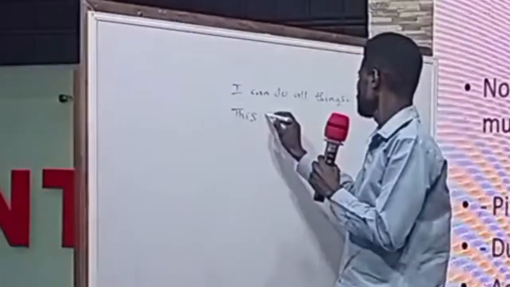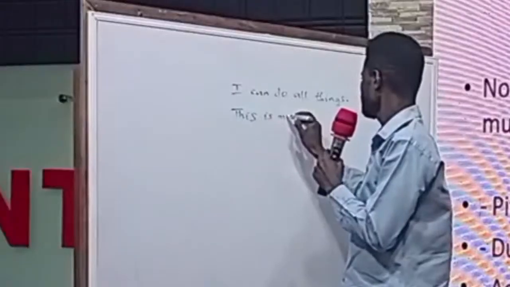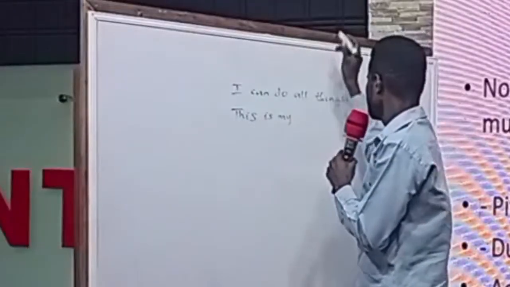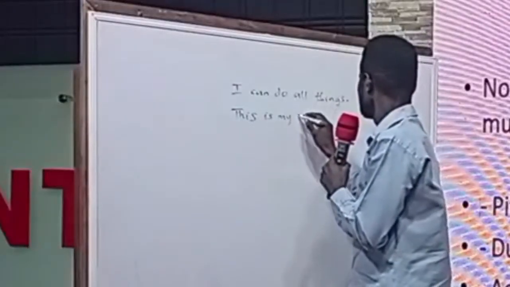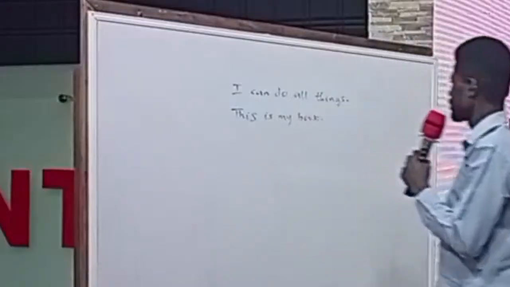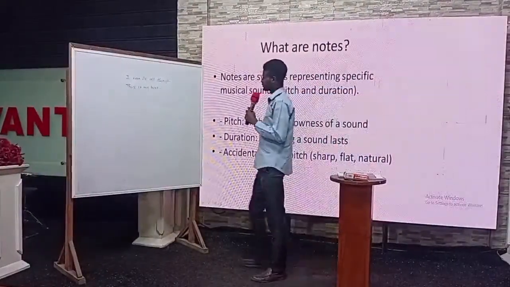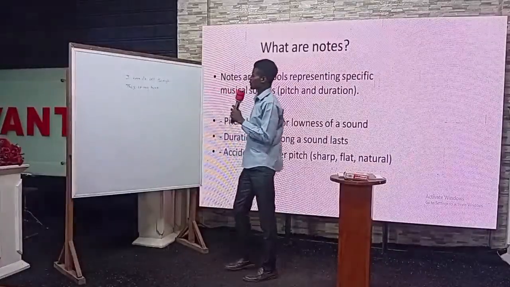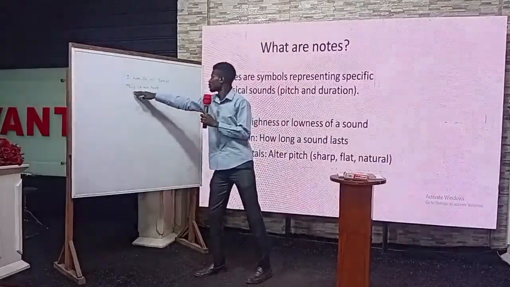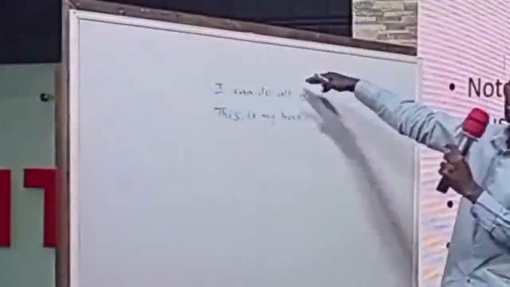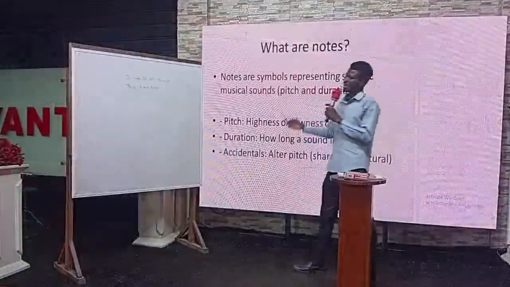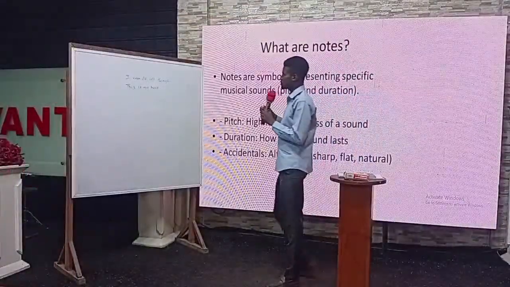This is my book. Still the same letters we put together, but we have a completely different meaning from what we have here. That is what happens when we combine sounds together.